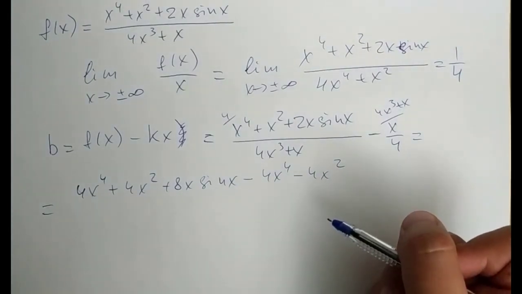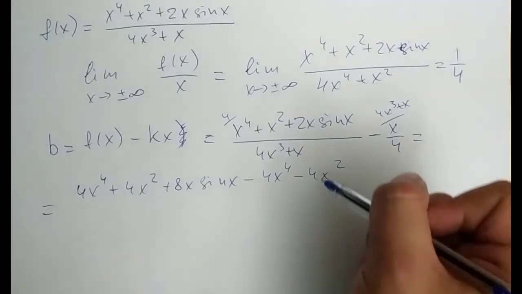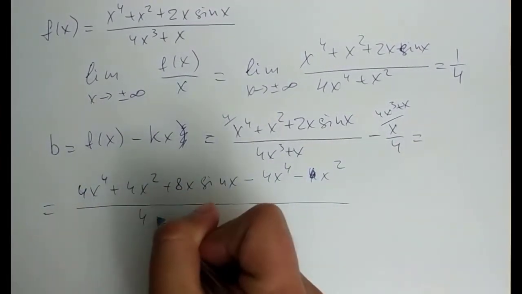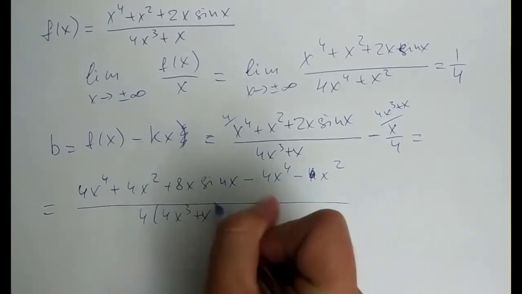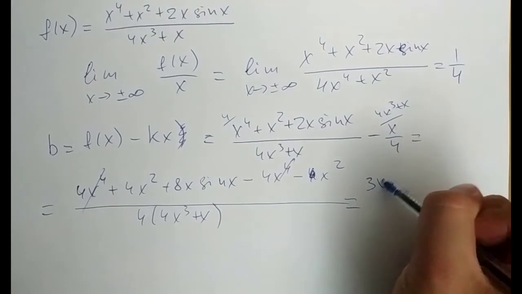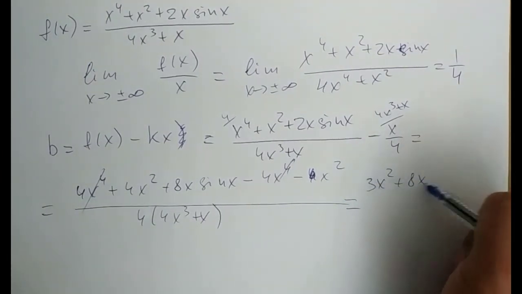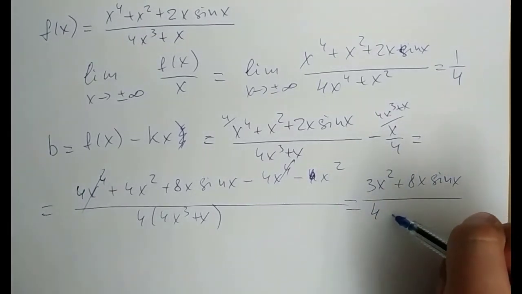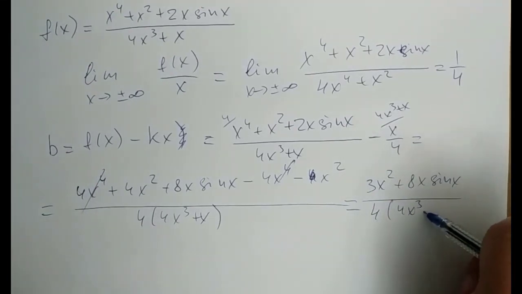So x squared, just here x squared, and then we have here 4 times 4x cubed plus x, and let's compute it. So they are cancelled, x fourth and x fourth. We have 3x squared plus 8x sine x over 4 times 4x cubed plus x.